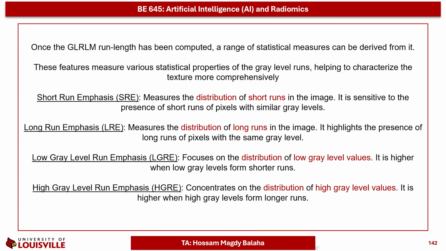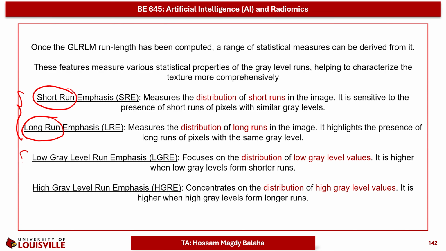In step 2, we need to compute the different features. We have multiple features in GLRLM based on the run length matrix. The first couple is short run emphasis and long run emphasis, where we are measuring the distribution of the runs, here for the short run and here for the long run.